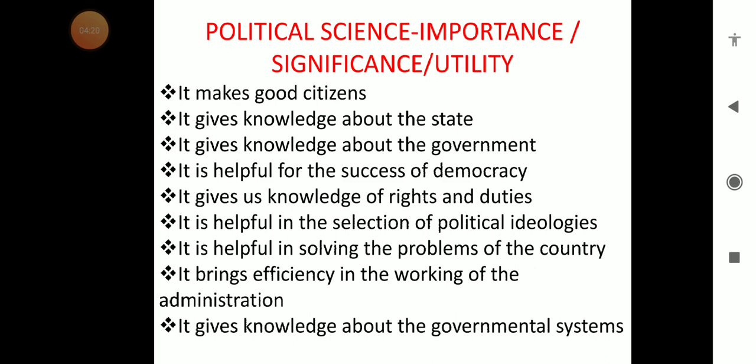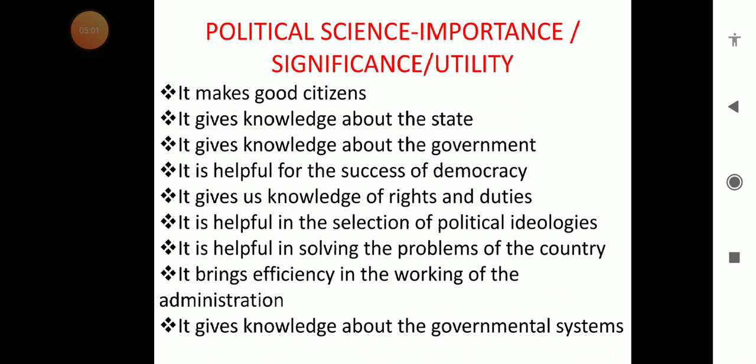So an individual cannot develop without the help of the state, right? A person takes birth in the state and dies in it. So one should have knowledge about the state, what kind of state one is living in, and how, by knowing the rights and duties, one can get the most out of the state for its development. So by studying political science, one gets knowledge about the state.